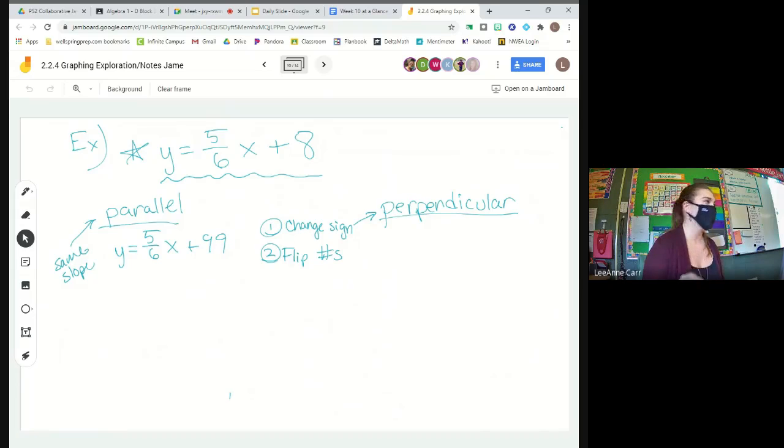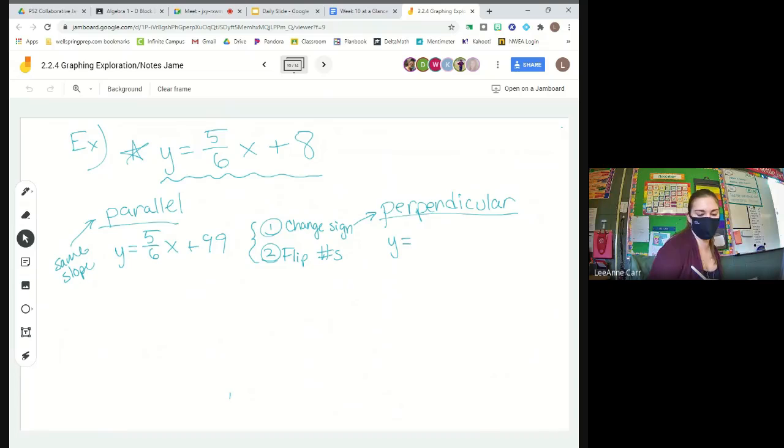The y-intercept is not. For perpendicular, do I have a volunteer, somebody that wants to give me their perpendicular equation? You can be virtual or in person, I don't care. Look at our 2 steps that we have to follow. You guys are quiet today.